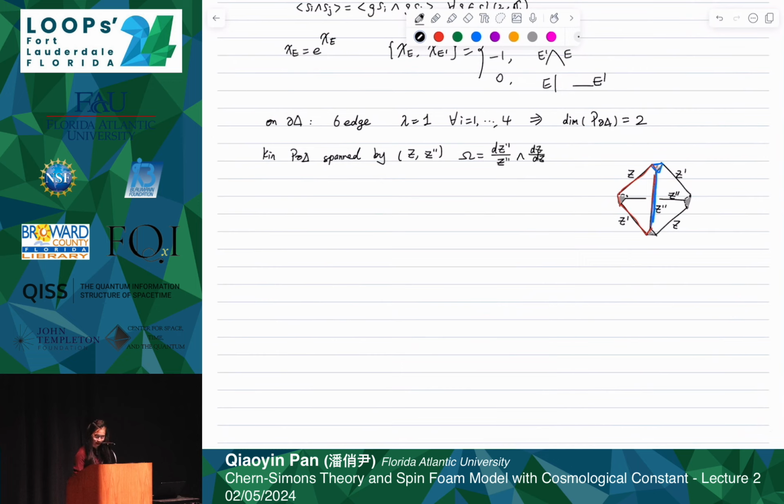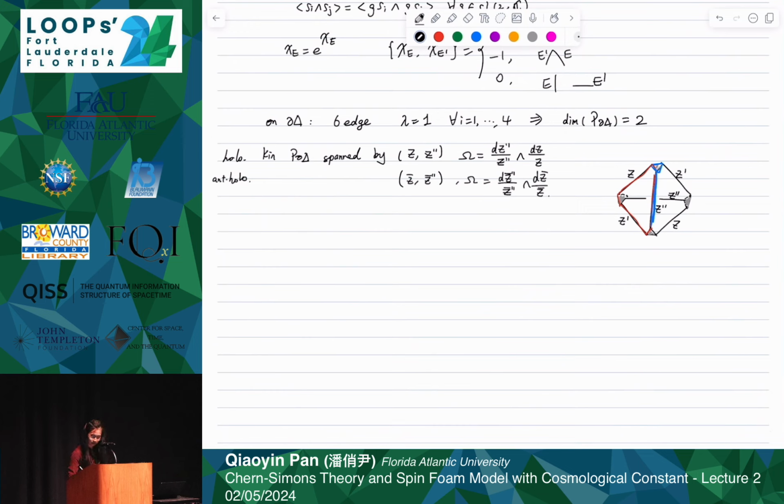And this is actually only the holomorphic part, and we also have the anti-holomorphic part. It's spanned by z bar. Just take the complex conjugate of them, and I can also write the symplectic form using z bar double prime and z bar.